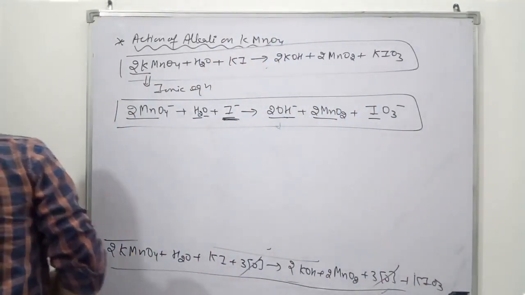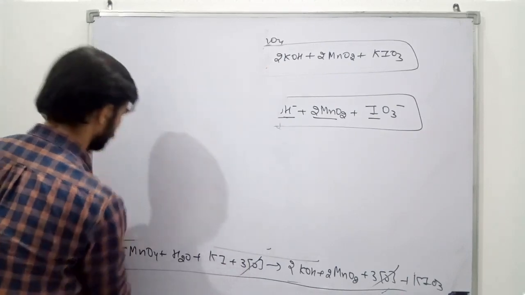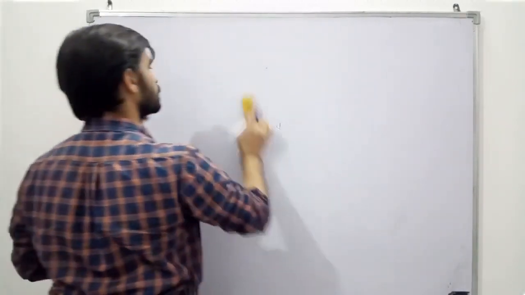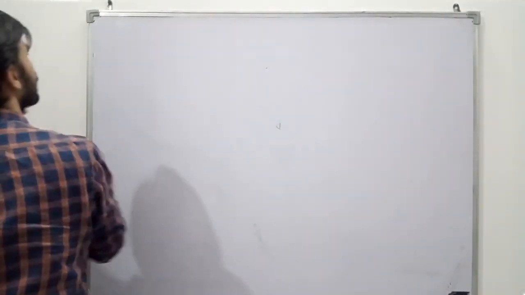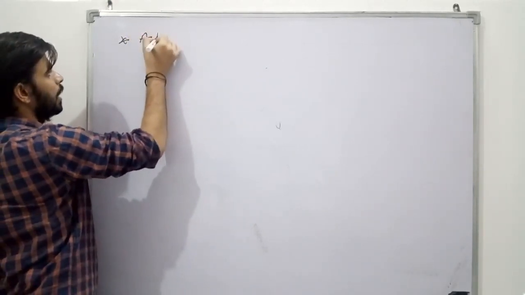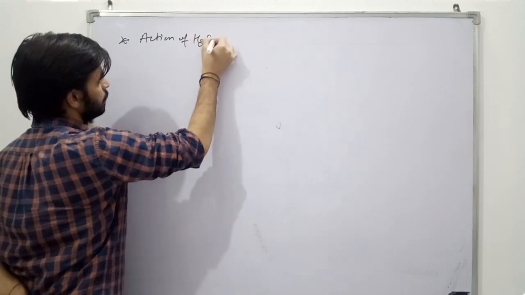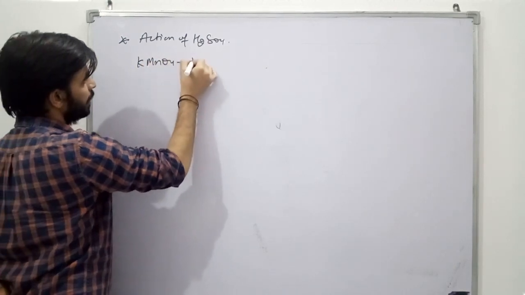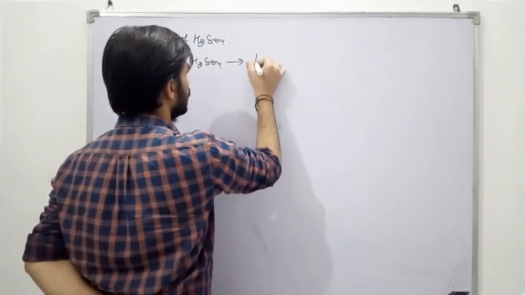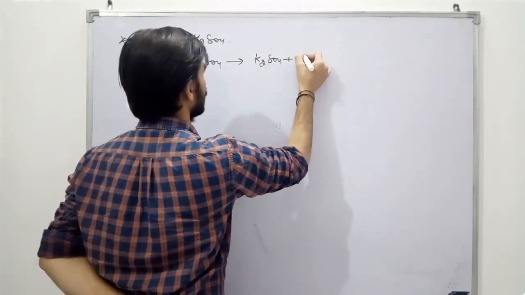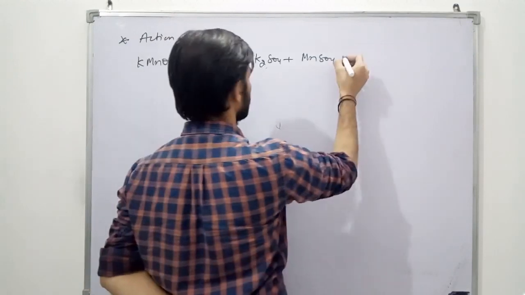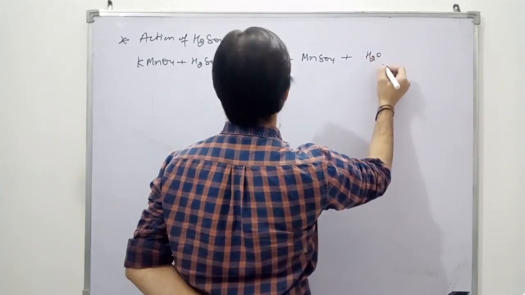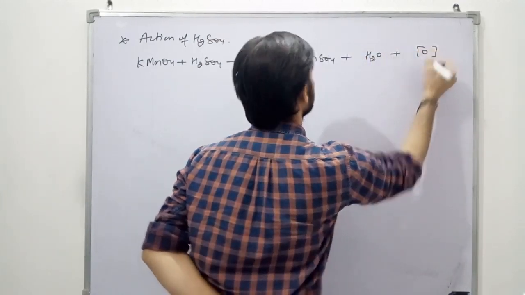Now we also have acidified potassium permanganate, which oxidizes some compounds. So let's start with acidified KMnO4. Action of sulfuric acid on KMnO4: KMnO4 when reacting with sulfuric acid gives K2SO4, MnSO4, H2O and nascent oxygen.